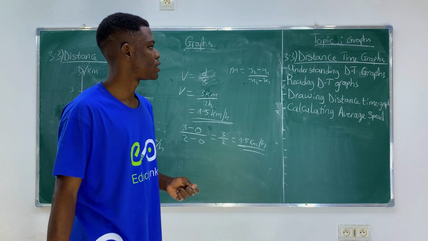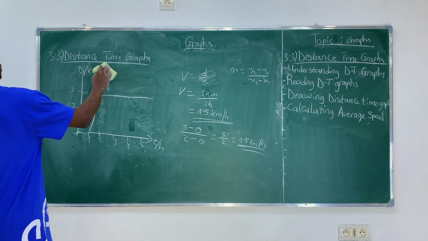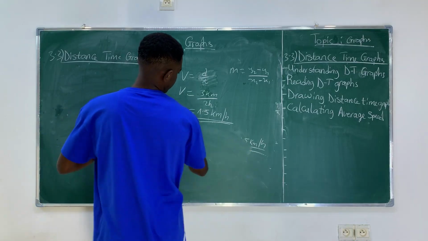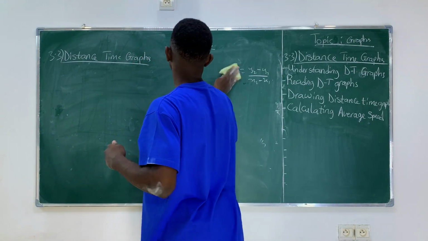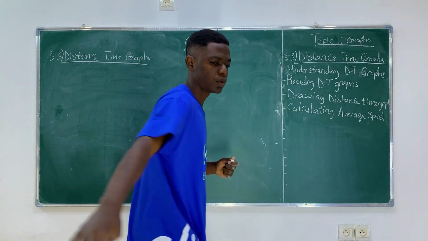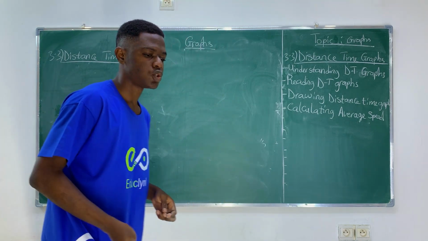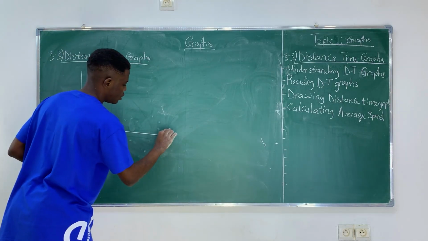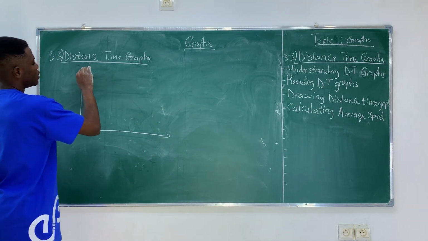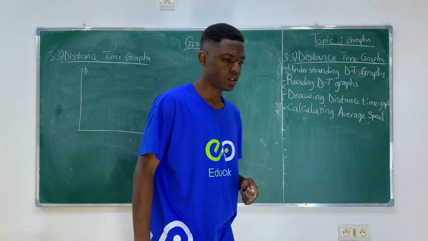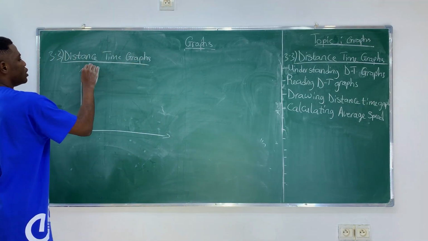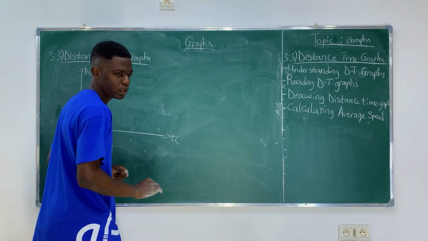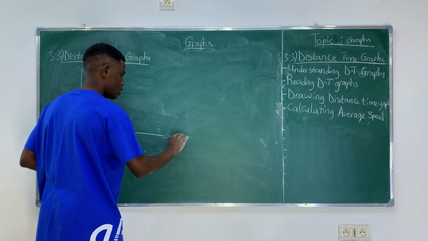That is it for reading this distance-time graph. So I hope you can read the distance-time graph. Let us take another example of a graph and try to read it. Here, distance in kilometers, and time in hours.